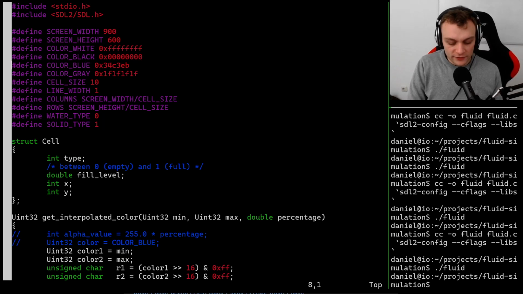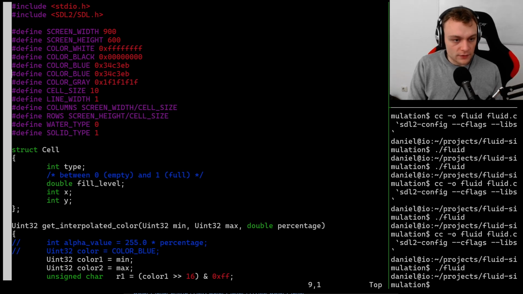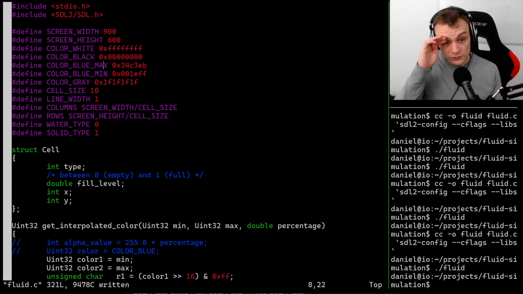And let's define color blue min, and that is going to be this value. So we do that, and then we have a color blue max, which is this value.